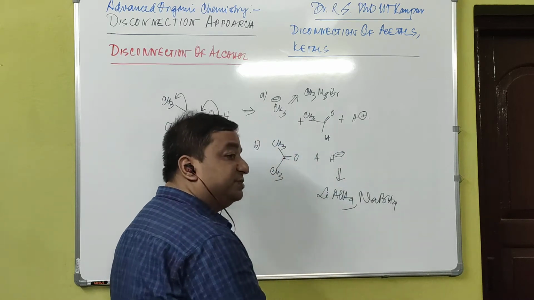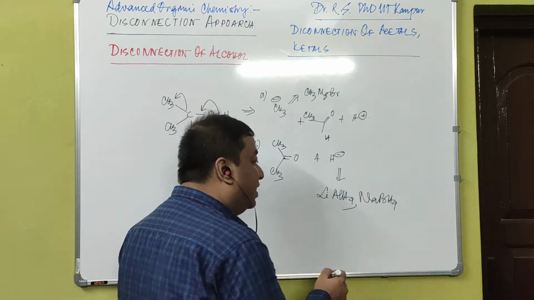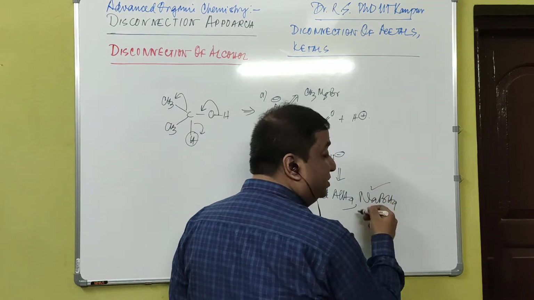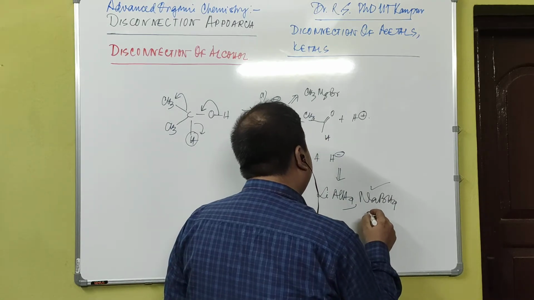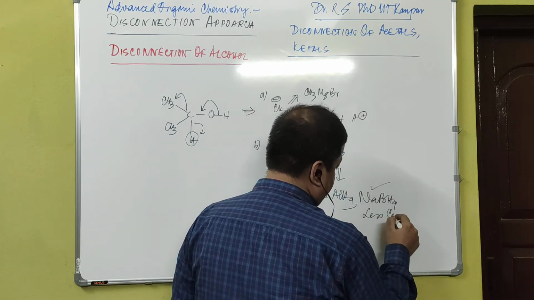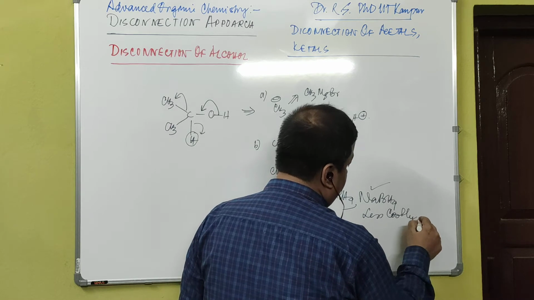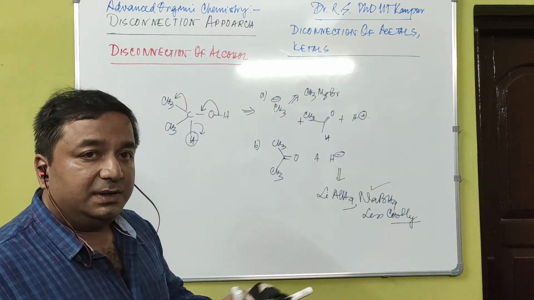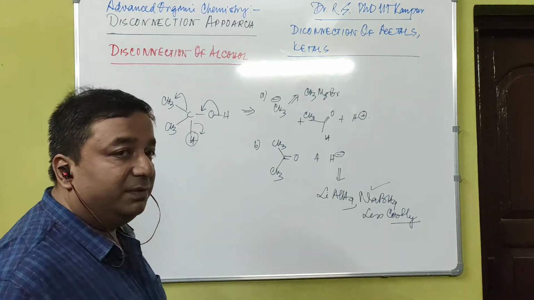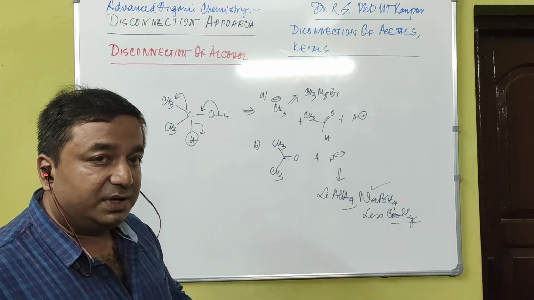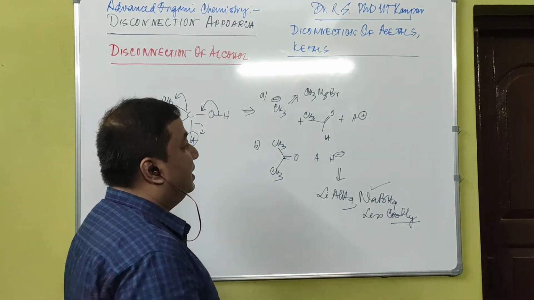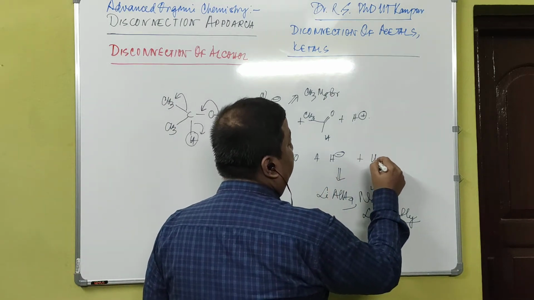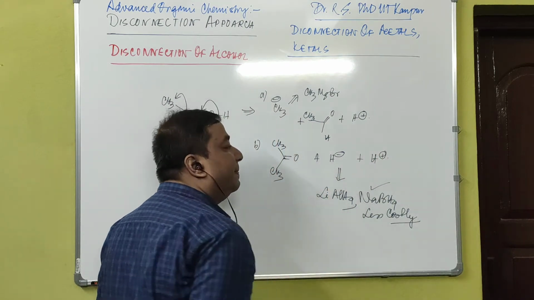Obviously, if you have to make a choice between lithium aluminum hydride and sodium borohydride, you will say SBH, sodium borohydride, because it is less costly. Okay, that is from the research point of view, what reagents you can use so that your cost can go down. All right, and apart from that, you will say, sir, obviously this is H plus.